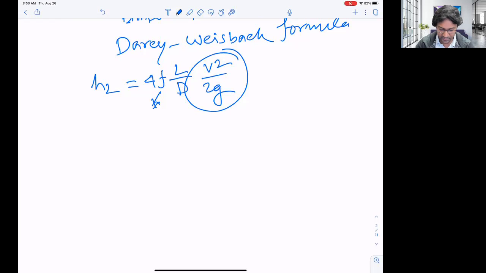So from that relationship, if you somehow calculate the head loss from that setup, you can calculate f, right, by reversing that equation. You can just reverse it.